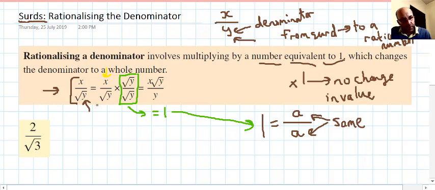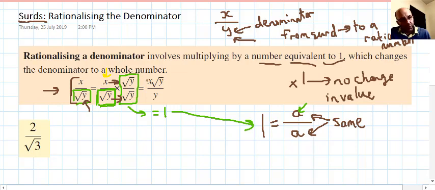Did you also notice that what you choose for A is based on what's on the denominator of the given surd? So the rest of it's just multiplying fractions, which you should know how to do if you're watching this video. We multiply the numerators together, we multiply the denominators together.